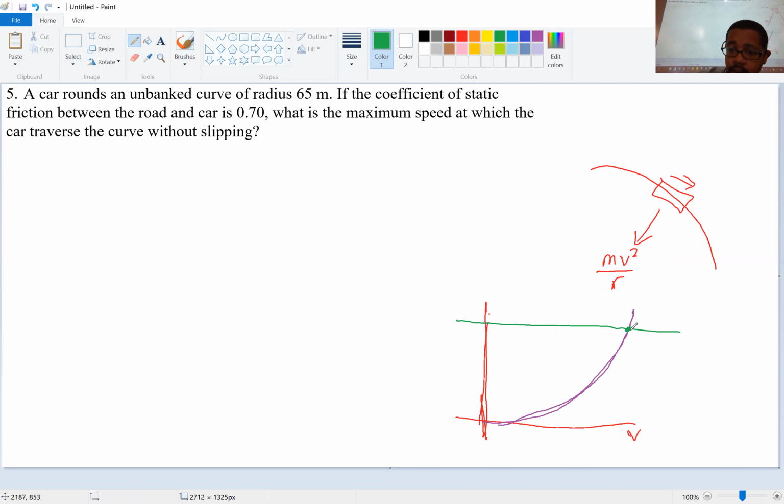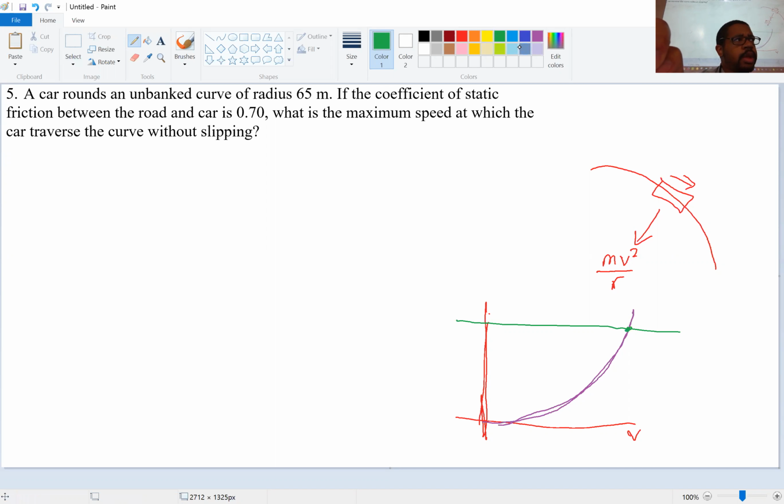At this point, when the car starts going this fast, it starts slipping, and the centripetal force is more than the friction can keep up with. So basically, we want to see what this point is.